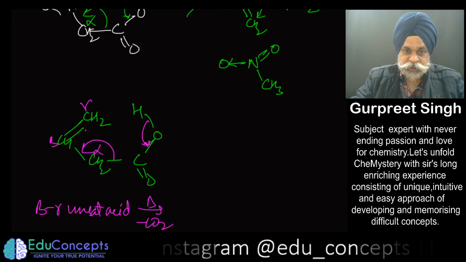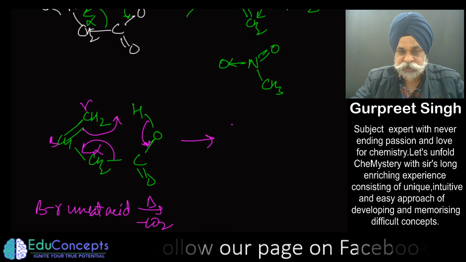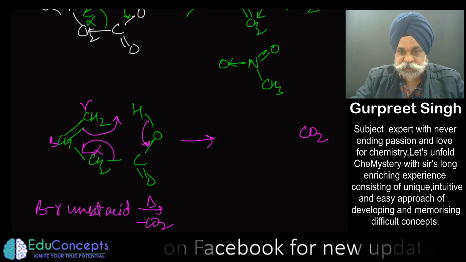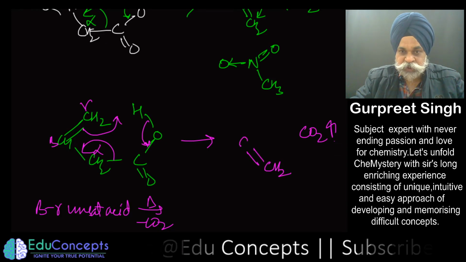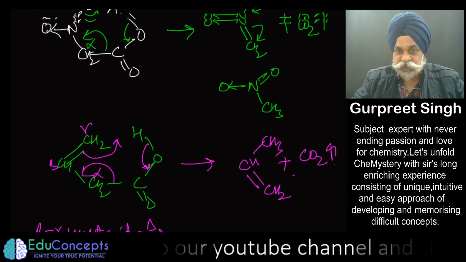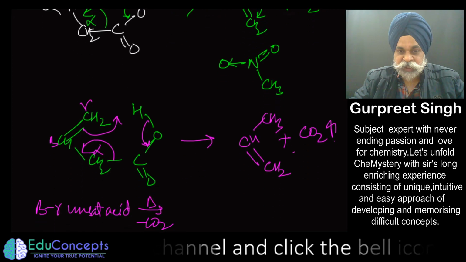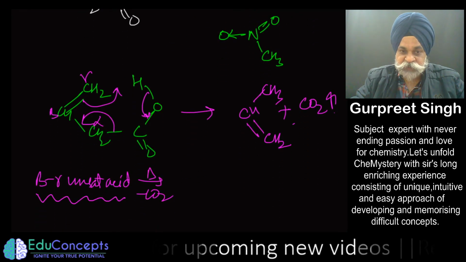So this also goes like this. Ultimately carbon dioxide goes out, and this would become CH2 double bond CH. Here comes the CH3, you get the alkene. So here you should remember, in this particular problem I taught you three things, or rather four things.